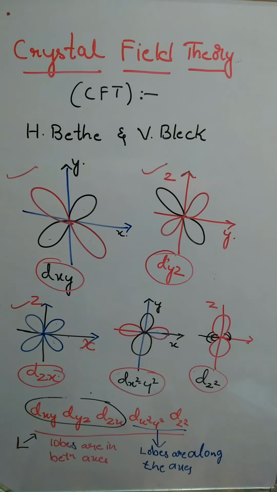This is the difference in d orbitals. We have five d orbitals: dxy, dyz, dzx, dx square minus y square and dz square.